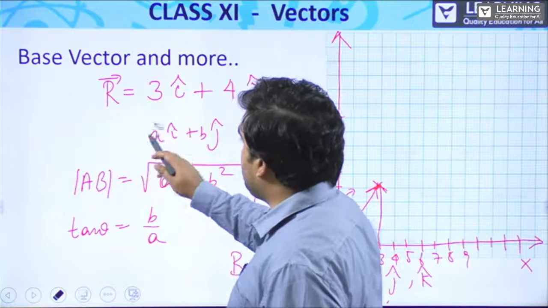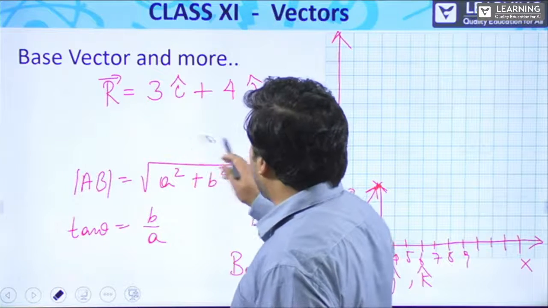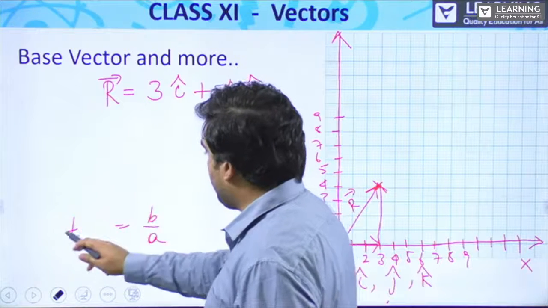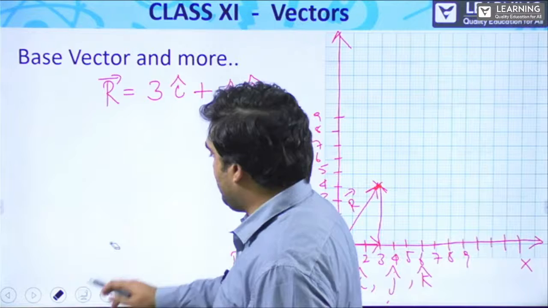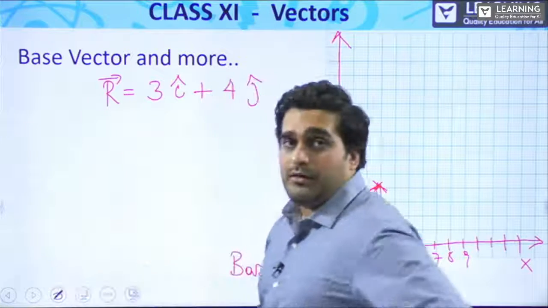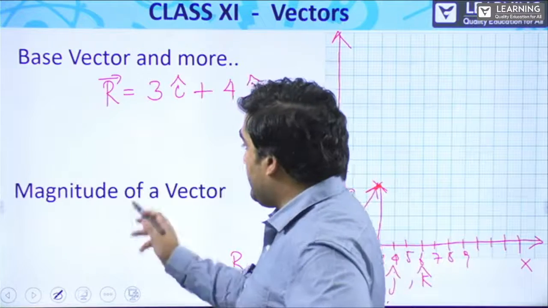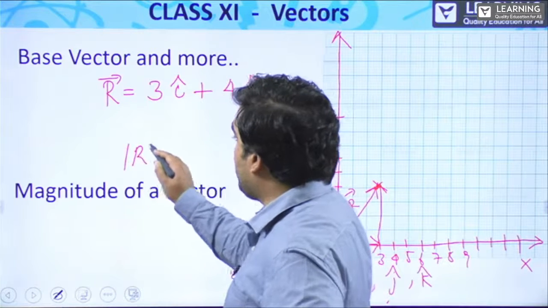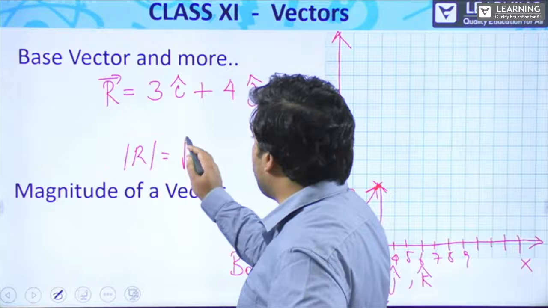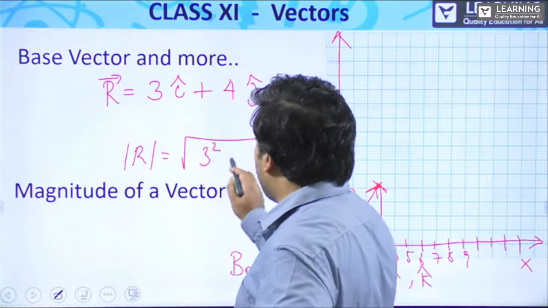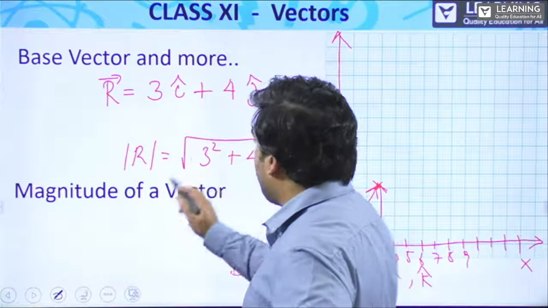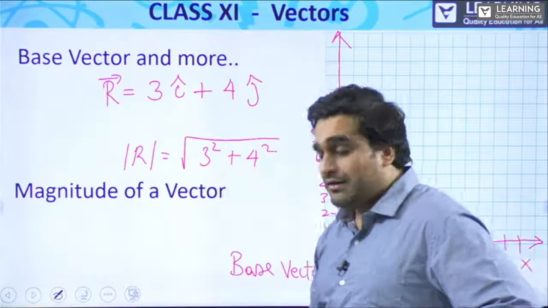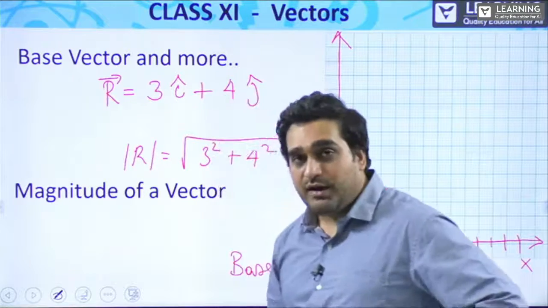So now we erase this. All right. And now we find the magnitude of the vector. Magnitude of the r vector is equal to the square root of 3 square plus 4 square. 3 square is 9, 4 square is 16, 9 plus 16 is 25.